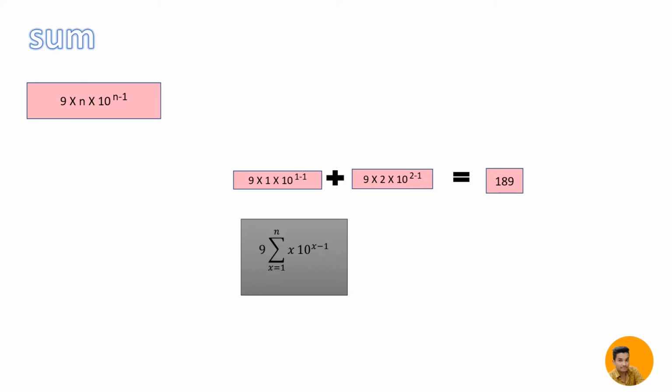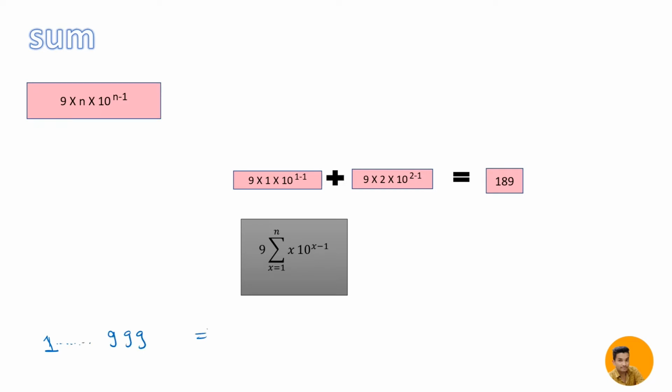That means I can write this formula. This formula is saying the total number of digits in n-digit numbers. So if you want to find the total number of digits starting from 1, let's say you need to find the total number of digits from 1 to 999.